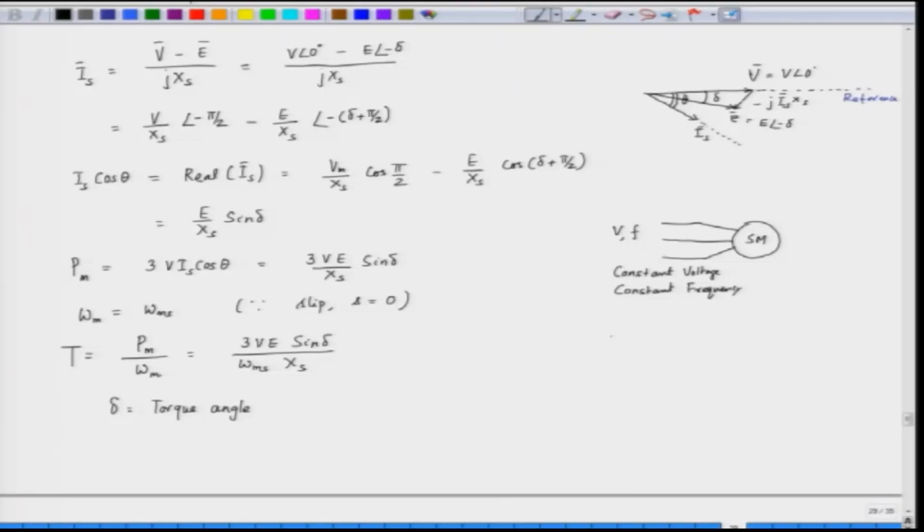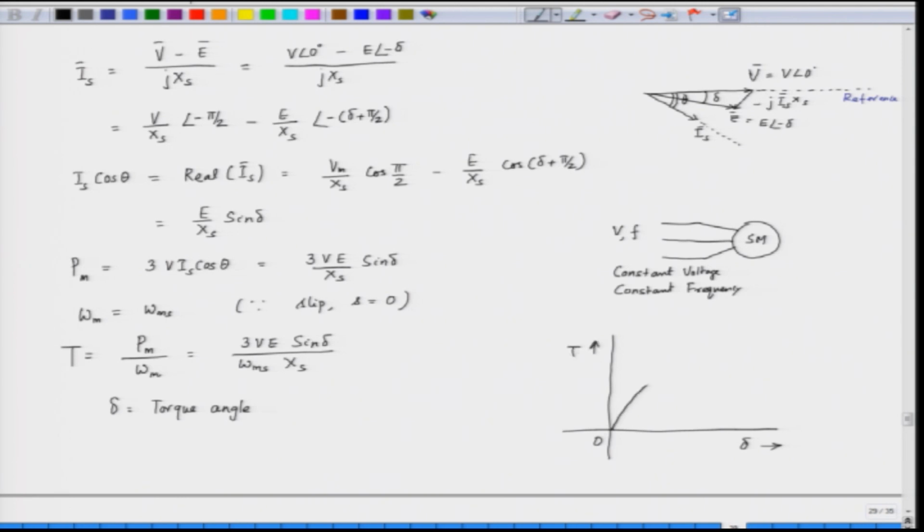So, if we want to vary the torque, we can do that by varying the value of delta. If we vary the value of delta, we get various torques here. So, what we get in this case is delta on the x axis and torque on the y axis.